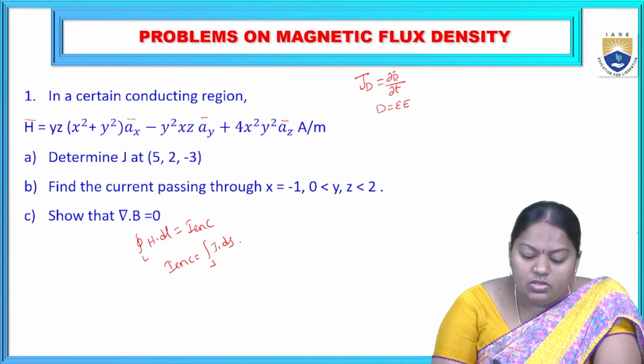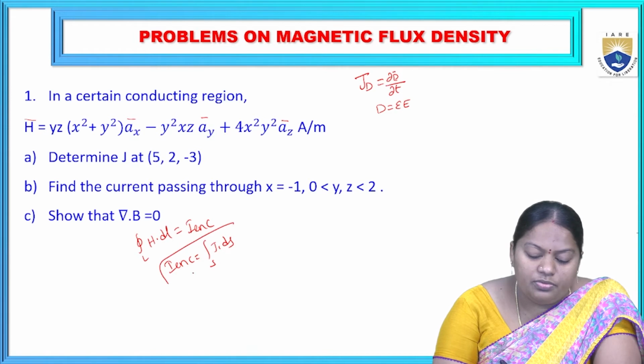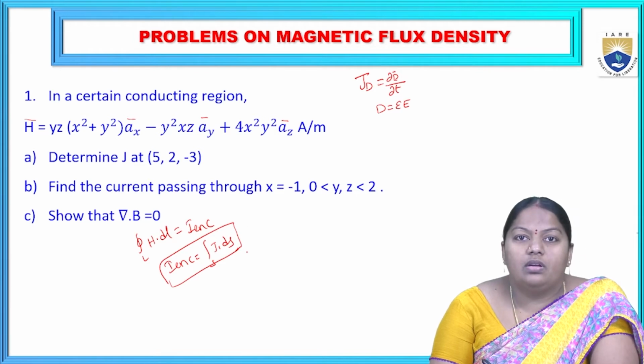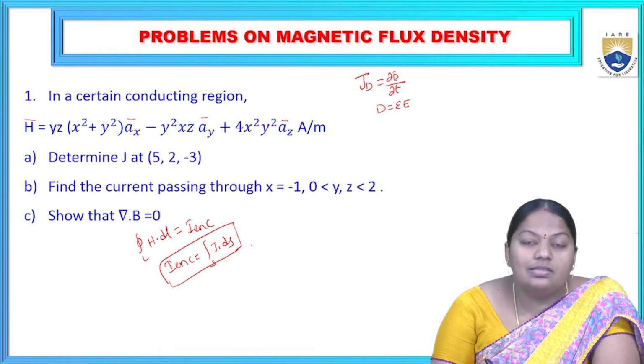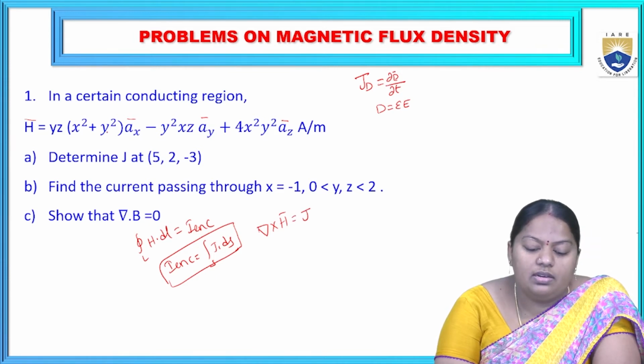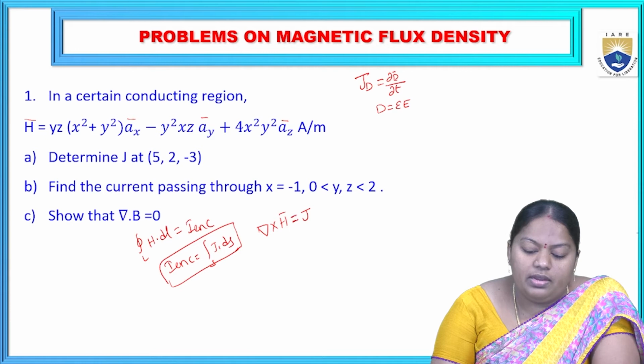This is the integral form of Ampere's circuit law. To find the value of J, we need to use the point form or differential form of Maxwell's equation, derived from Ampere's circuit law, which is given by del cross H bar equal to J. H is given, and from that we are going to evaluate the J value.